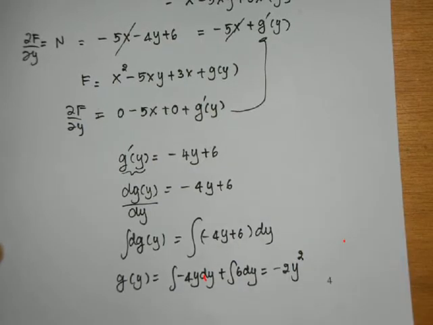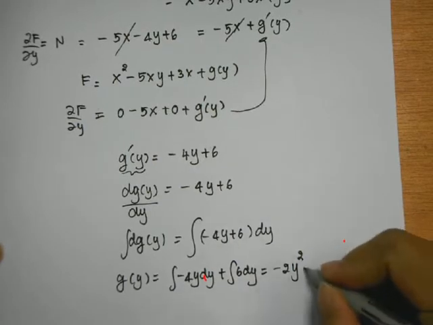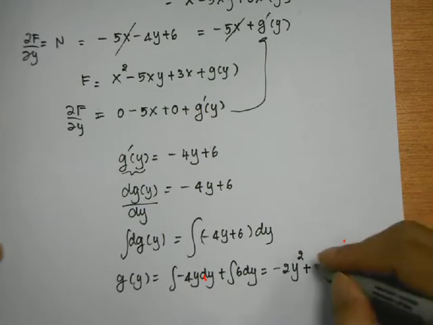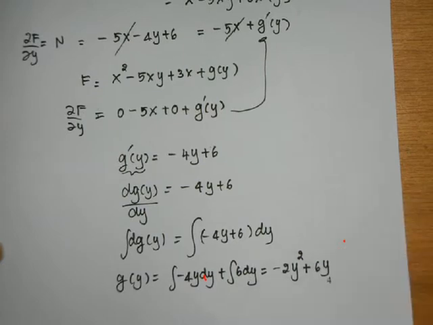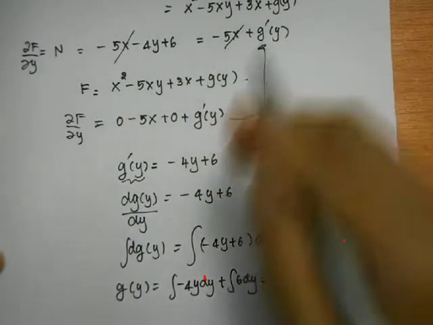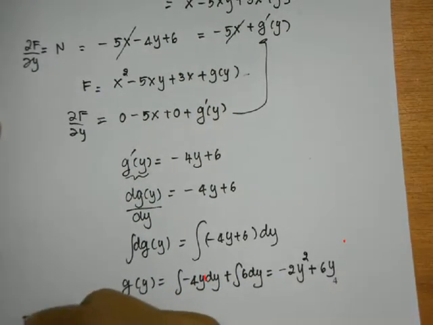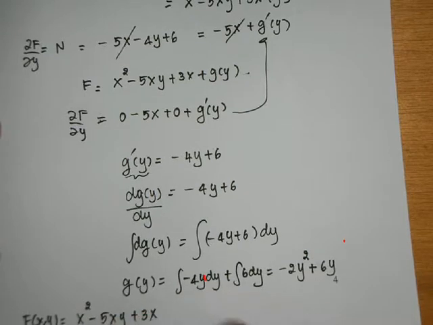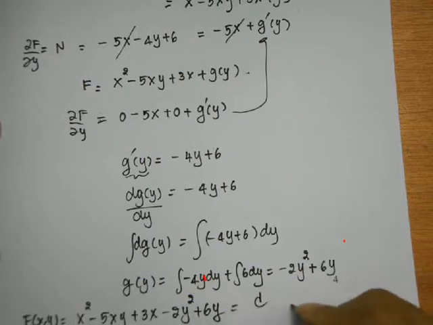And the second term, what you get? Plus 6y. Then you plug it back in here, you would get f(x,y), right? So we would say f(x,y) equal to x squared minus 5xy plus 3x minus 2y squared plus 6y equal to c. That's the answer.